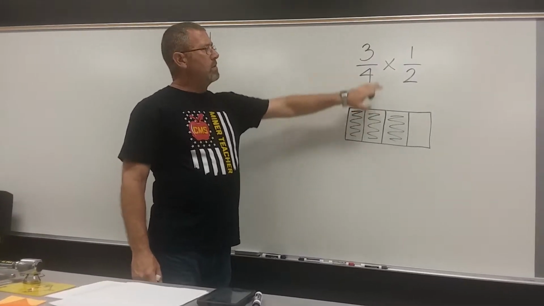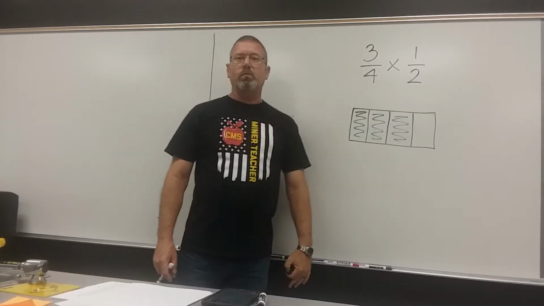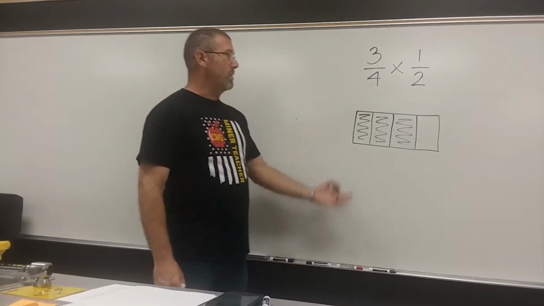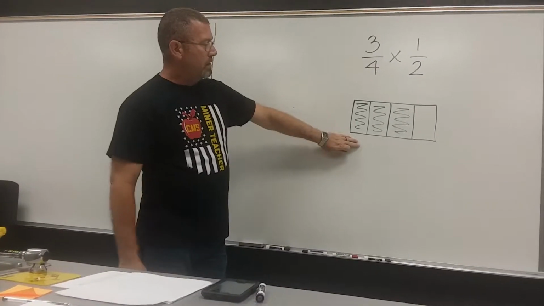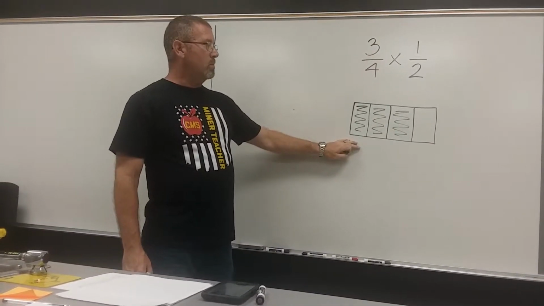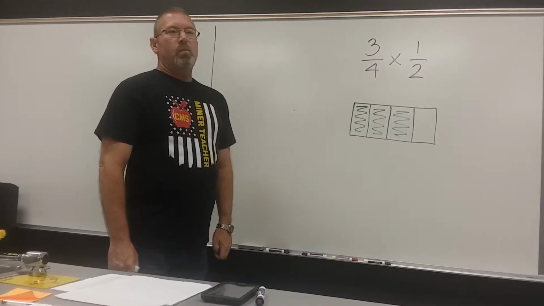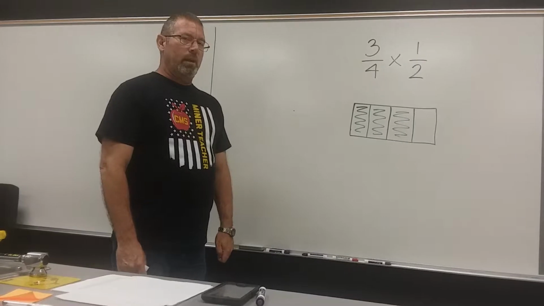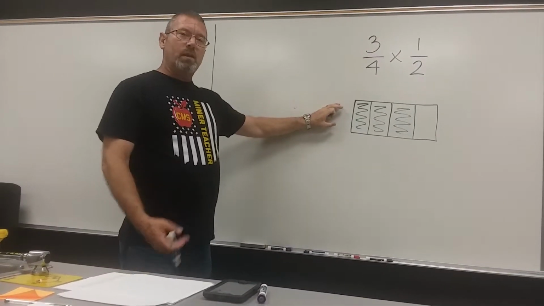Now, before we get into multiplying by a fraction, what if I wanted to say, what is 3/4 times the whole number 1? That's like saying, I want to see 3/4 one time, or once. And in this case, that's exactly what it would be. 3/4 times 1 is, in fact, 3/4. Now, if we went as far as to say, what does 3/4 times 2 look like, another whole number? Well, it would be like saying we have 3/4 2 times, or twice.